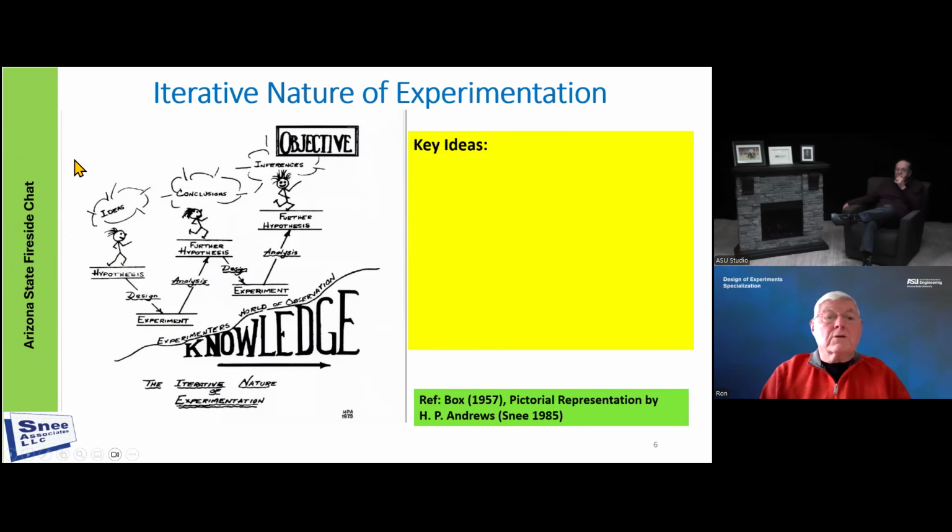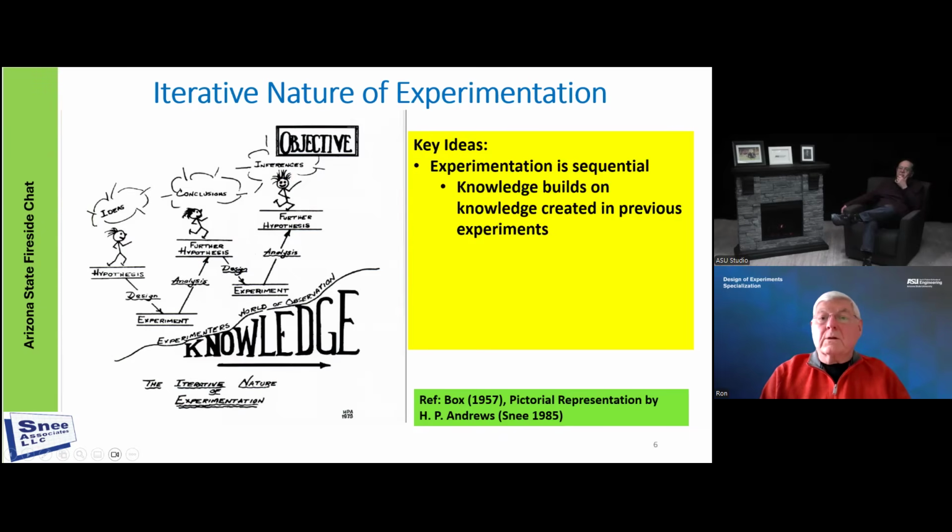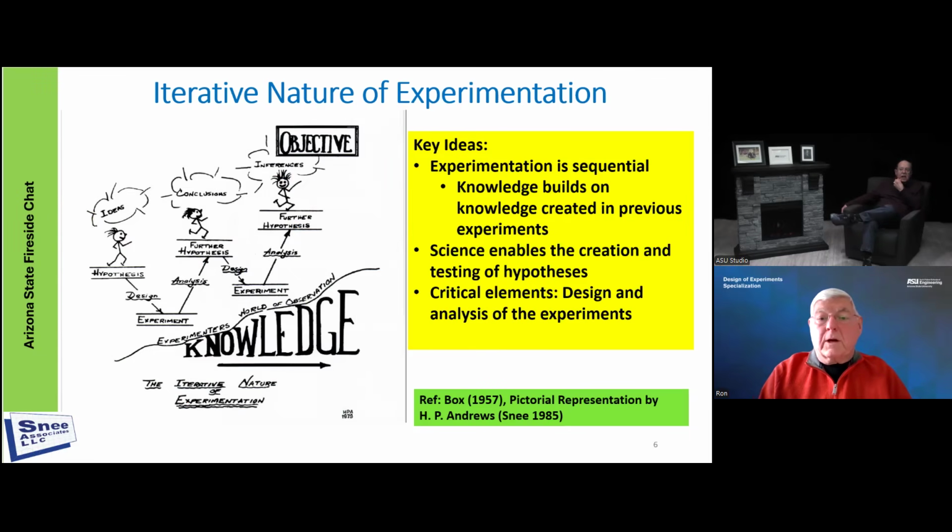You start off with ideas and conclusions and inferences. All along, you go up this hill, so to speak, and you're building knowledge about the products and processes. So your gut knowledge is building as you go up this hill. Science is helping you test and create hypotheses.